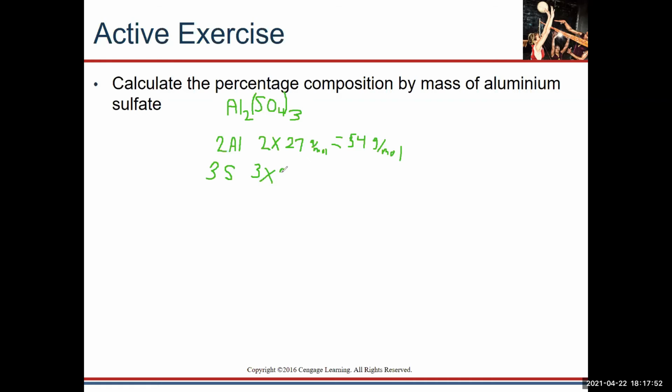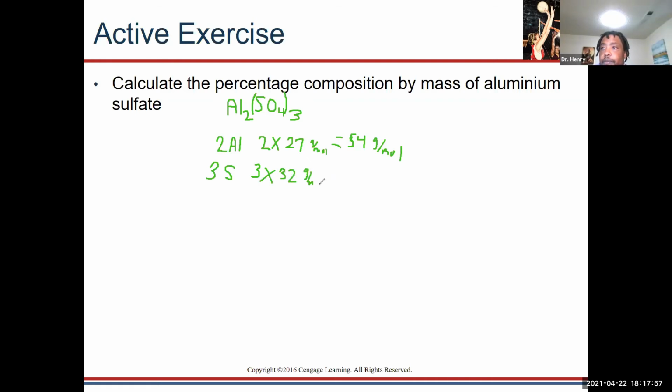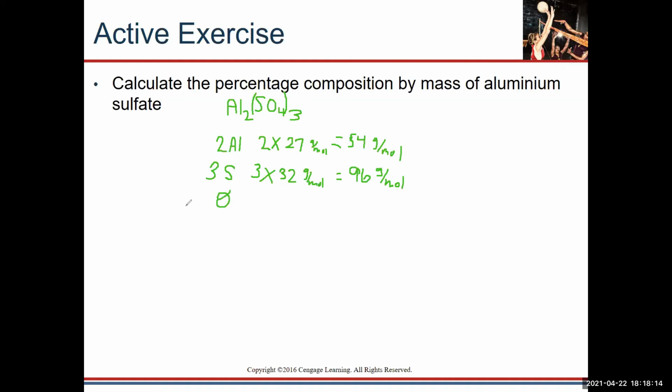So sulfur weighs 32 grams per mole. 3 times 32 is 96. You better check my math. Oxygen. How many oxygens do I have? 12.